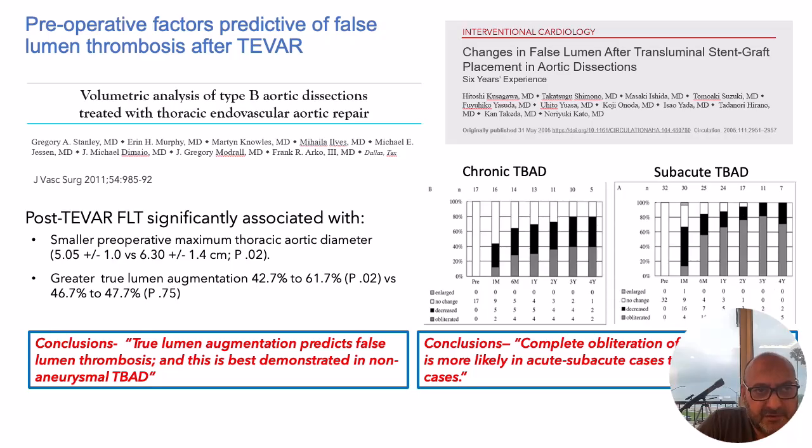Preoperative factors predictive of false lumen thrombosis after TEVAR. Basically, true lumen augmentation predicts false lumen thrombosis, meaning if you place a stent and the true lumen becomes big in the visceral segment or in the thoracic aorta, you're more likely to develop false lumen thrombosis.